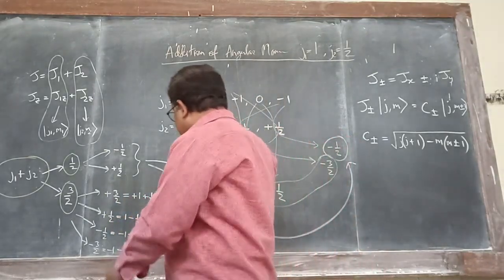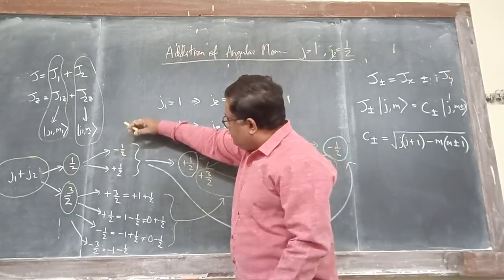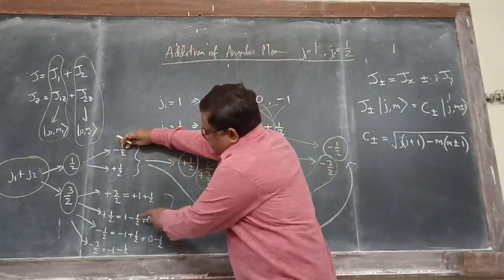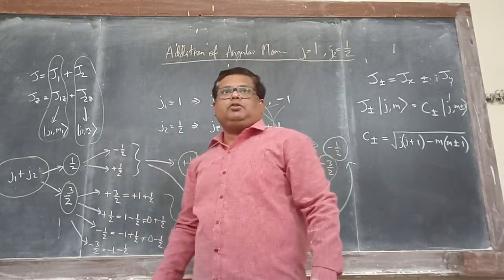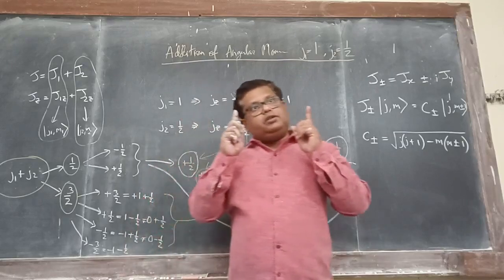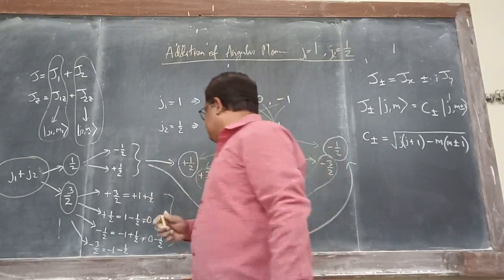Right? Now the same thing will be there for this case as well. But remember, these minus half states will be orthogonal to each other, and we will use this relation to find the wave function. I will show this later on.